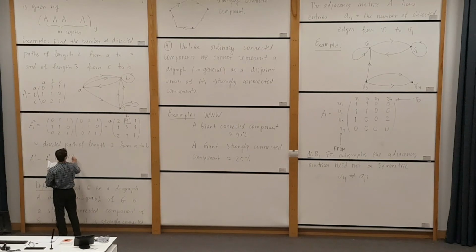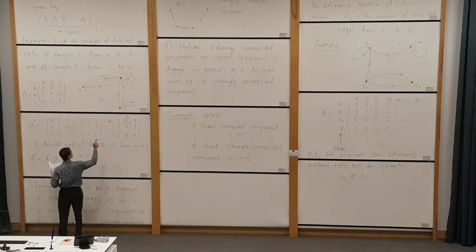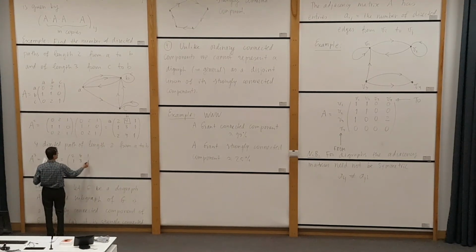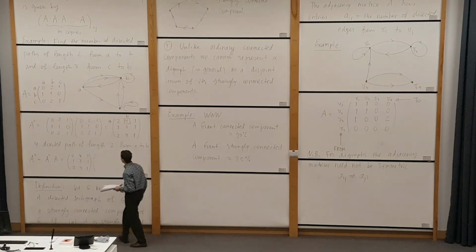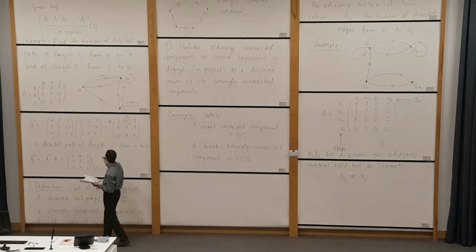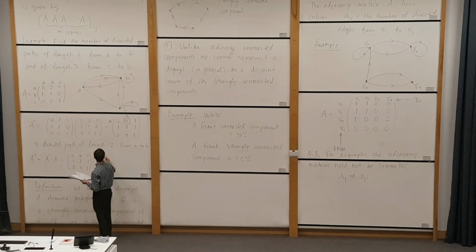Therefore, I take that matrix with the entries 2, 4, 1, 1, 3, 1, 2, 4, 1, previously calculated, and right next to it, one other copy of the matrix A: 0, 2, 1, 1, 1, 0, 0, 2, 1.